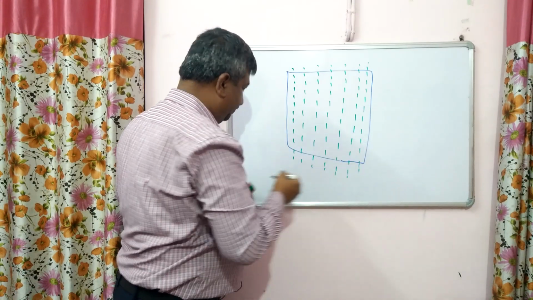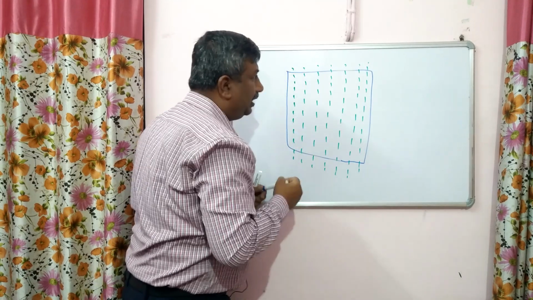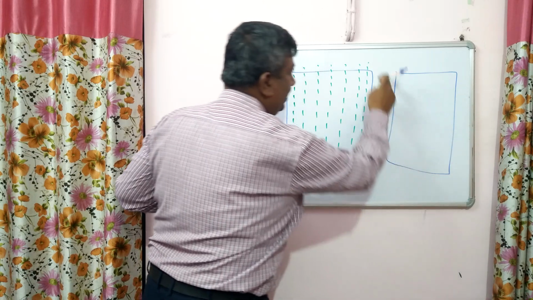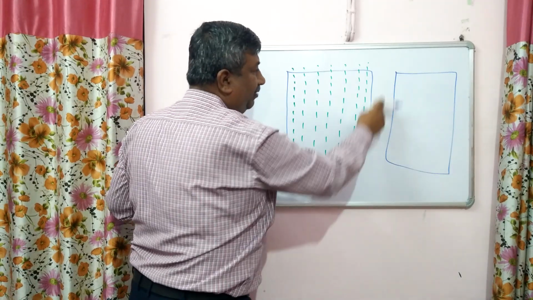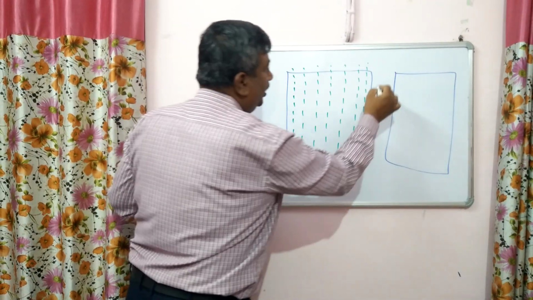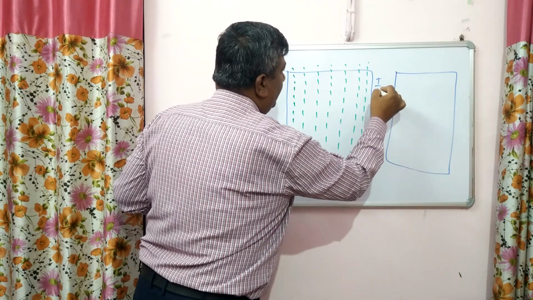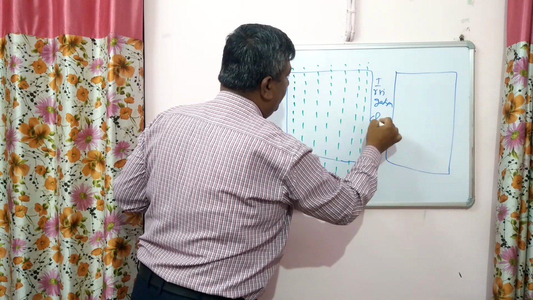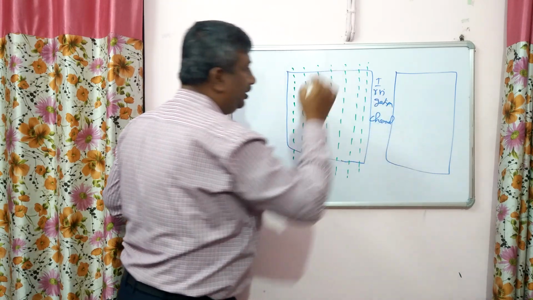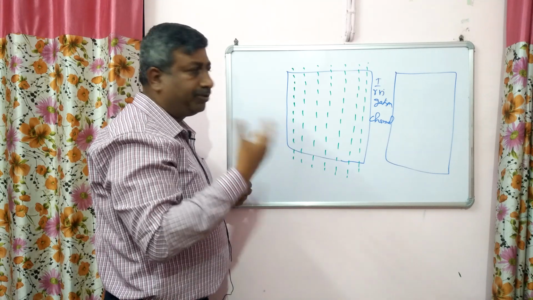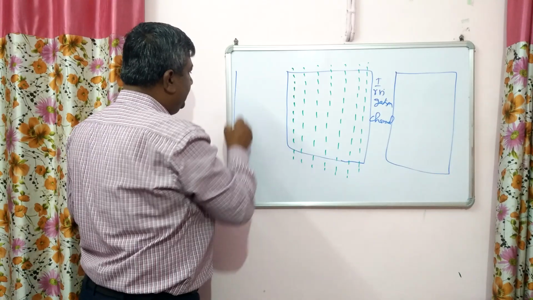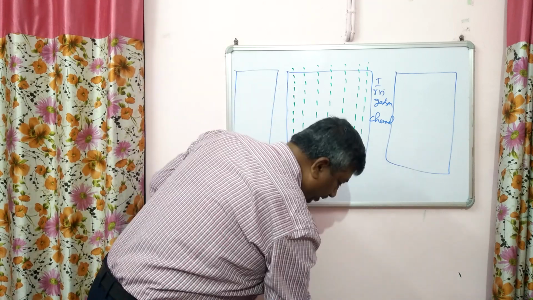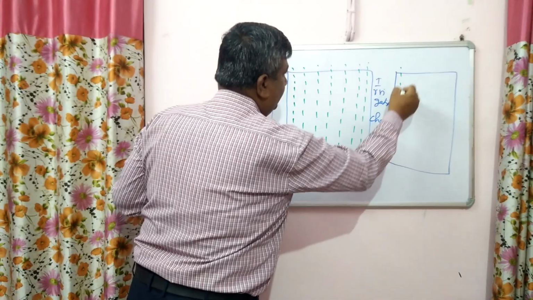This is one field. Similarly, this is another field, and the space is left for bunding or pathway, or for an irrigation channel. Generally this is for the irrigation channel. This area is for the irrigation channel or pathway or the movement of tractor, machinery, etc. Similarly, this is another field area, so the crops are sown in this area.